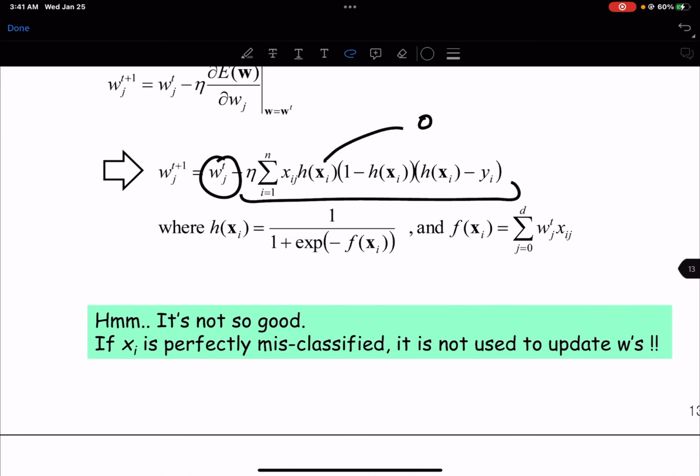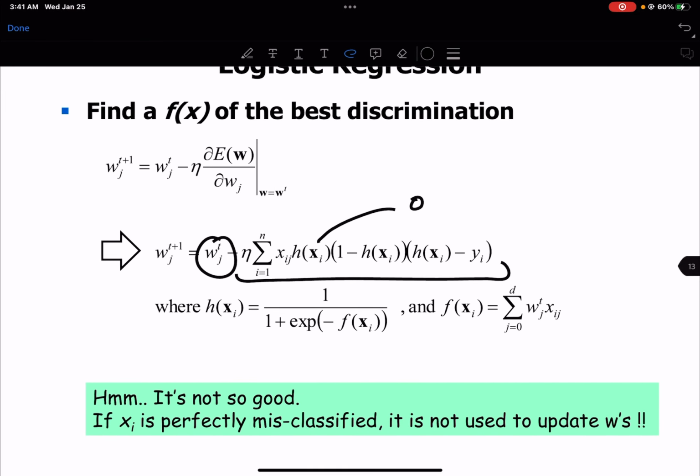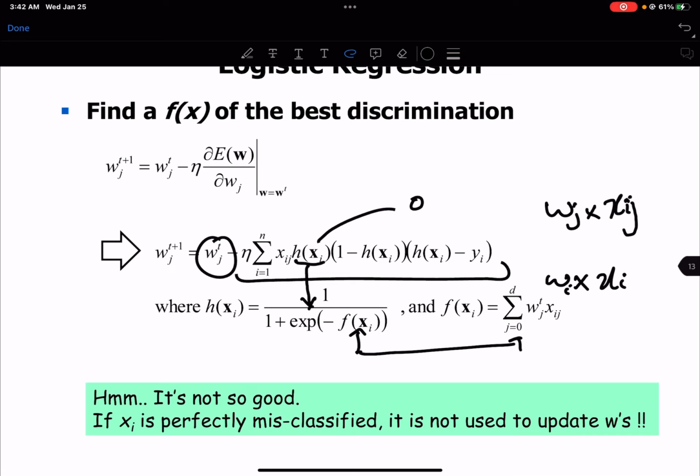We have a solution in the form of an equation, and this h of x is simply a function represented here, where f of x is a combination of your weight values w_j multiplied by the value of input x_i at the jth location.